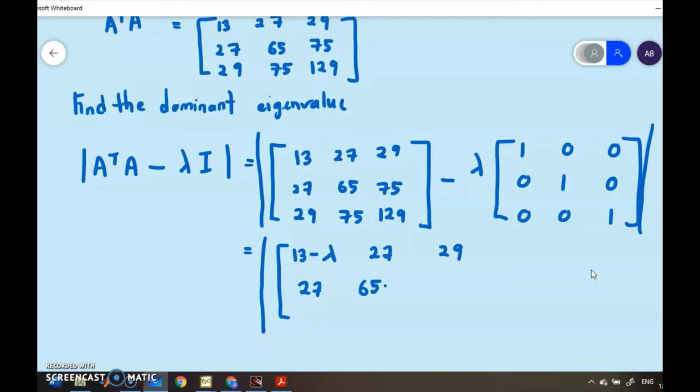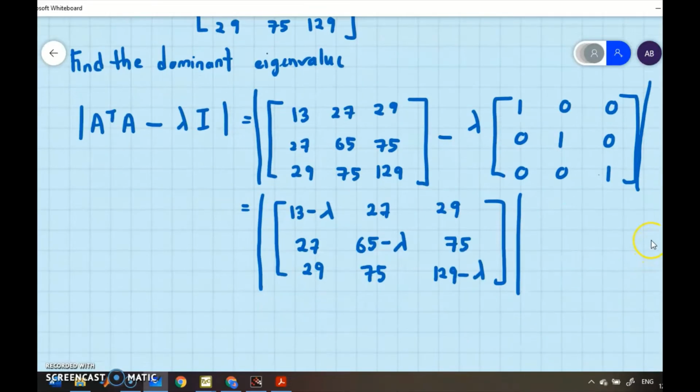So I have 65 minus lambda. This is 75. 29 minus 0. This is 75. This is 1, so 1 times lambda is lambda, 129 minus lambda. Okay, this is what we have obtained when you subtract that.